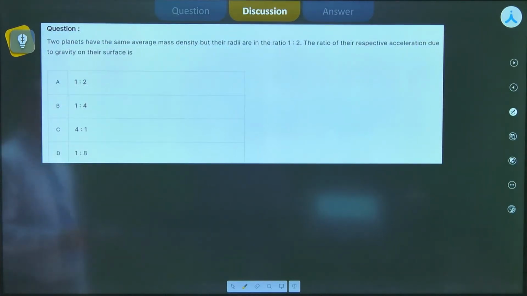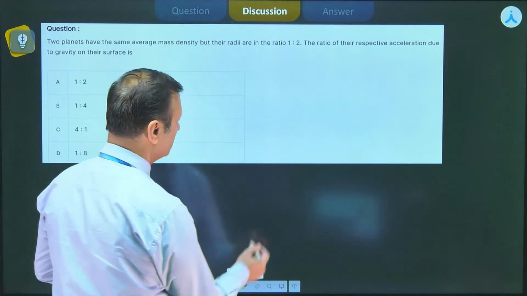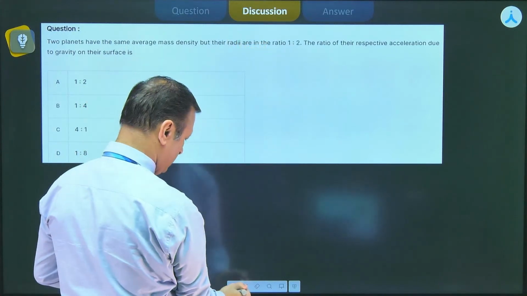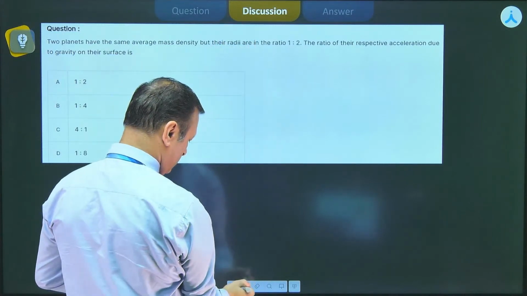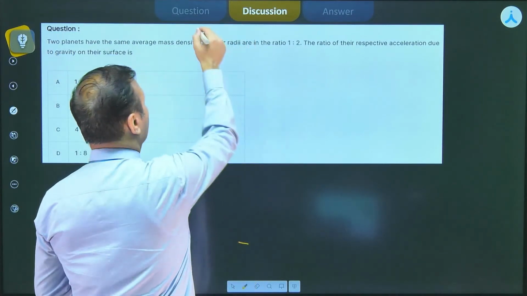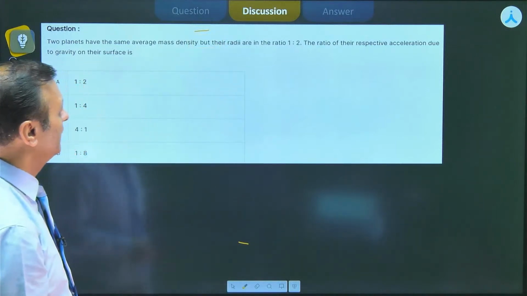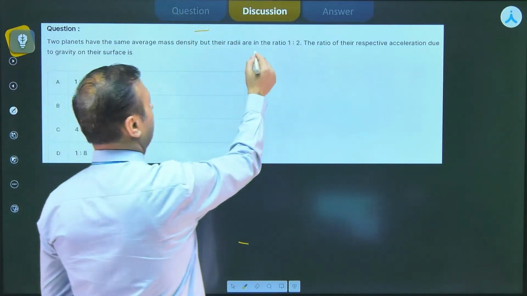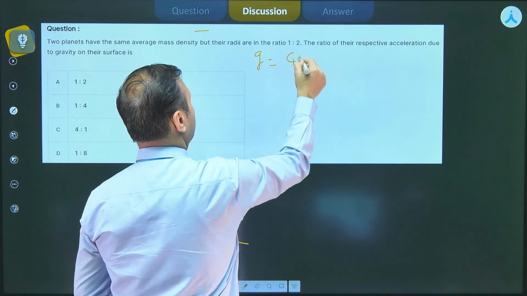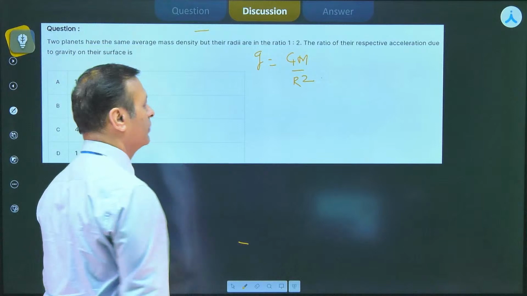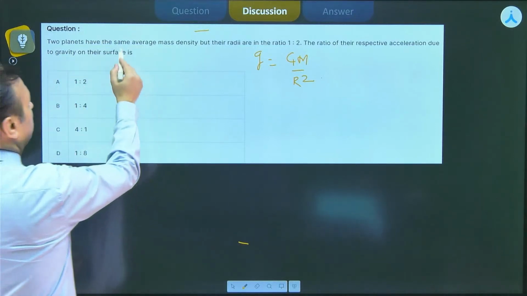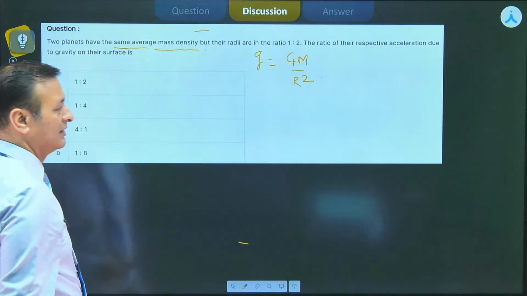Now, two planets have the same average mass density, but their radii are in the ratio 1:2. The ratio of their respective acceleration due to gravity on their surface is. I think this is visible. This color is also visible or not? Yes, it is visible on this white part also. So ratio of their acceleration due to gravity, we know acceleration due to gravity is GM by r square. So they have the same average mass density.